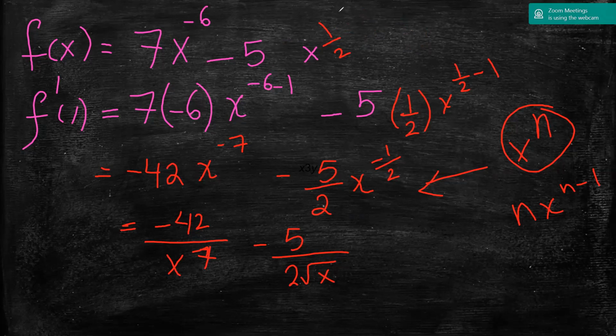Ah, yes, it's multiplied. So you drop out the 5 outside. Then you find the derivative of x raised to the power half. Teacher, I did not understand when you put the 5 times half, exponent x half minus 1.